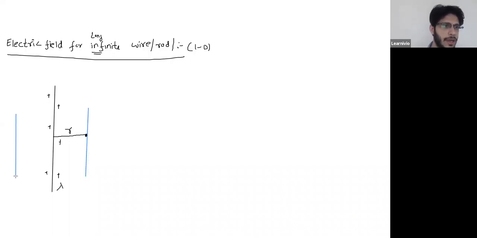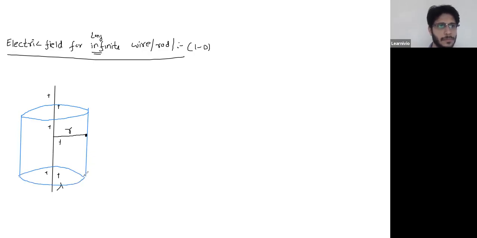For the straight wire, the appropriate Gaussian surface would be a cylinder. So let's consider a cylindrical Gaussian surface. The radius of the cylinder is r. The length of the cylinder is L.